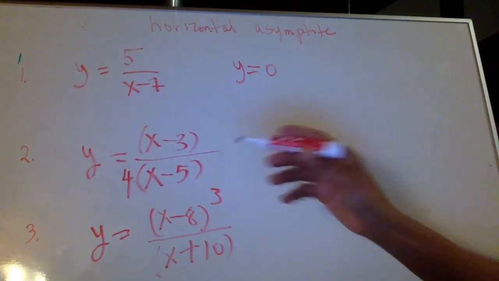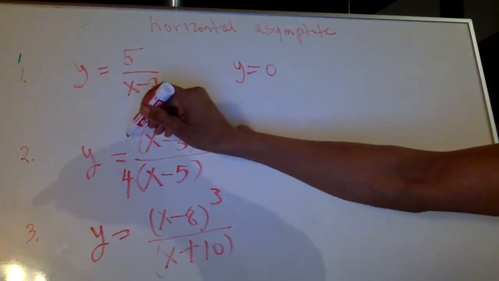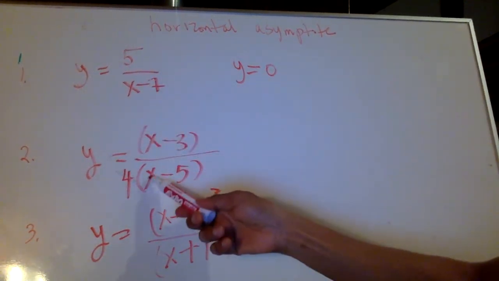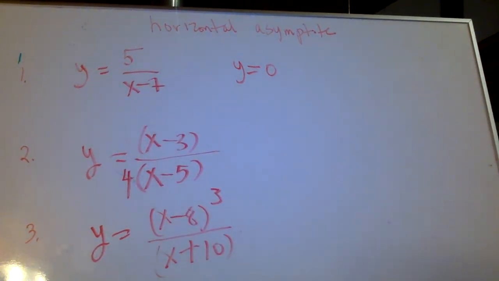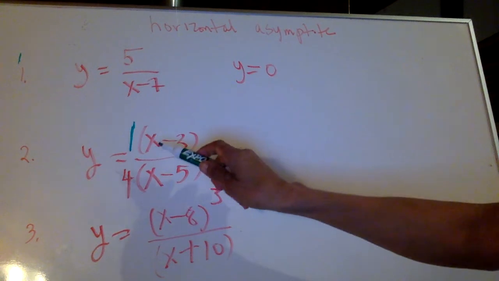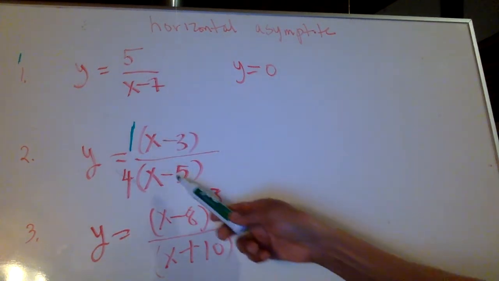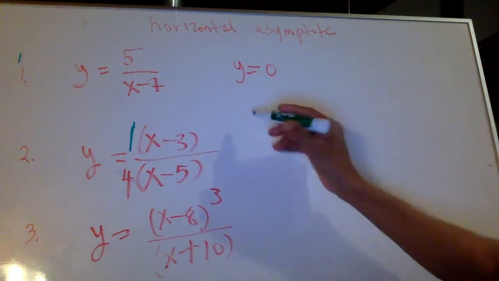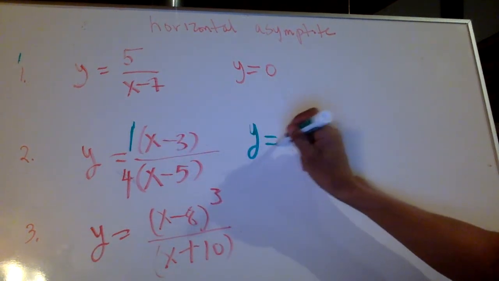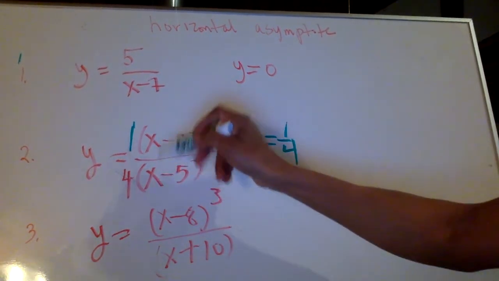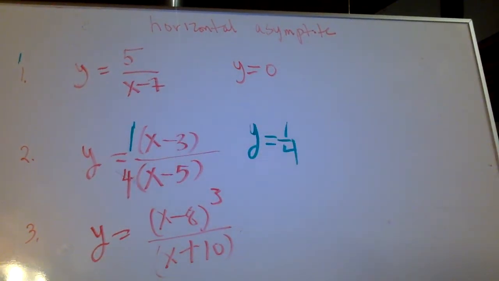Well, where does the 1/4 come from? The 1/4 is really the ratio of the coefficients of my x term here. The degree of the numerator is equal to the degree of the denominator, and therefore the horizontal asymptote is really the ratio of the coefficients of my highest degree terms.